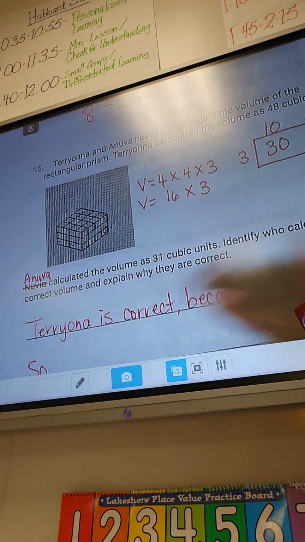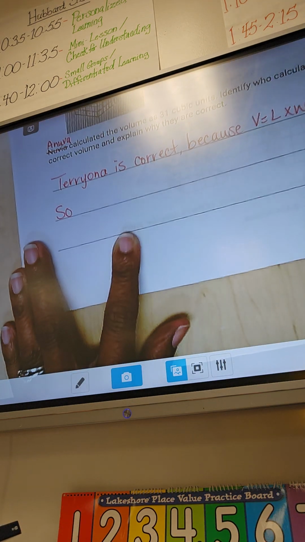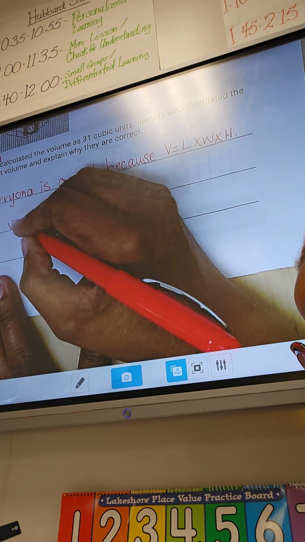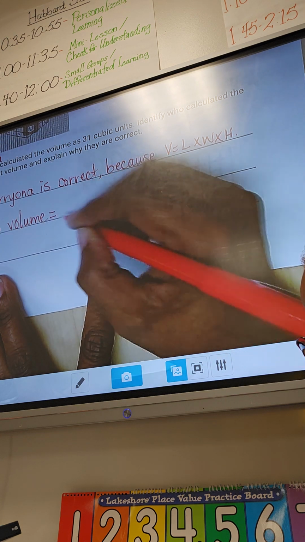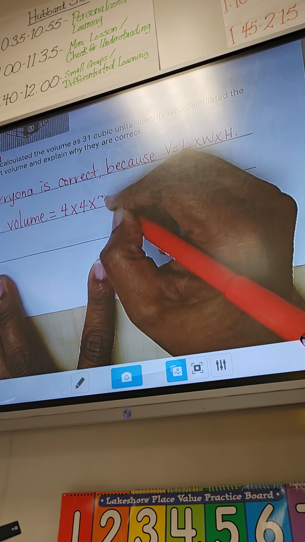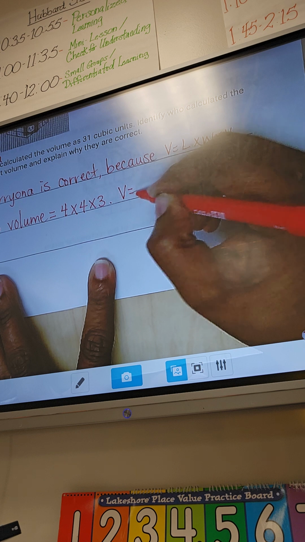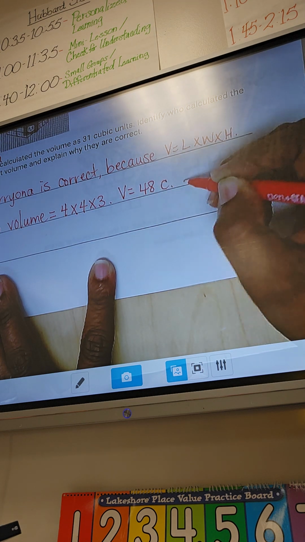So volume equals 4 times 4 times 3. Volume equals 48 cubic units.